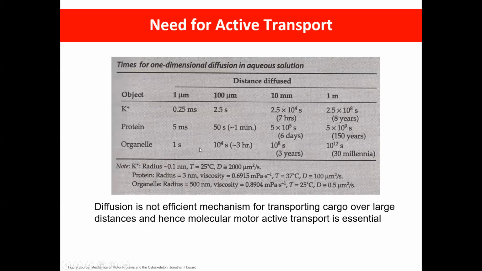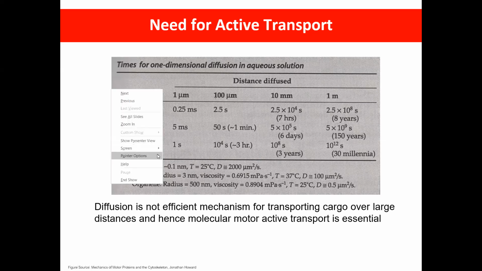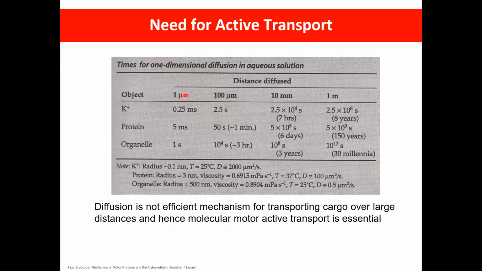Yes, sir. Our body requires a supply of ions, proteins, and organelles for survival, and we know the properties of the average size of the proteins, organelles, and ions. Now, suppose I have an ion, and it has to travel a distance of 1 micron by the process of diffusion, then this ion will take 0.25 milliseconds.